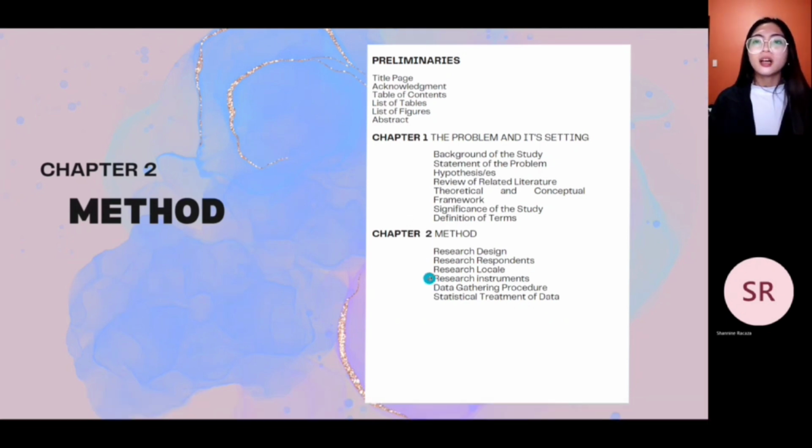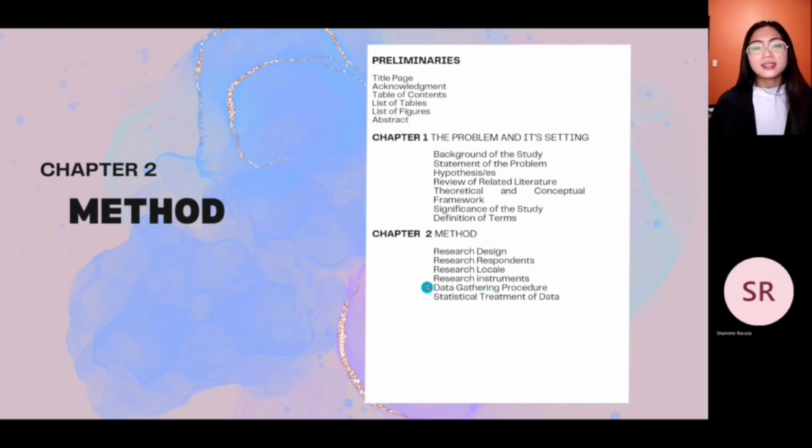Okay, and then the next one will be research instruments. So in quantitative research, mostly students use a test or a closed-ended questionnaire for them to analyze and gather the data they have found in their instruments.